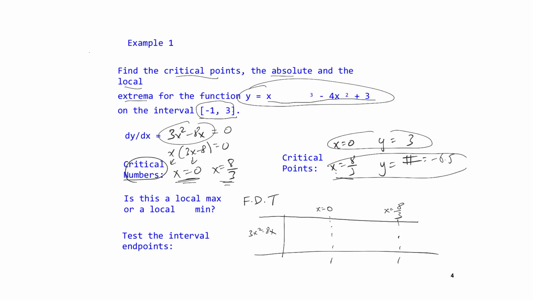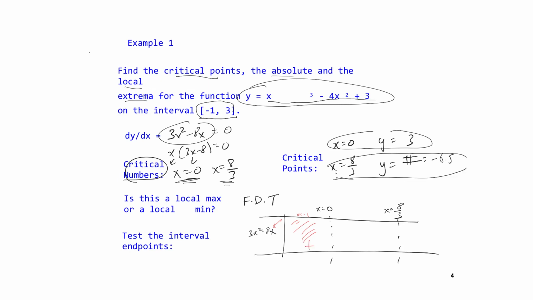And all you have to do is figure out a number that you can put in each interval. So let's find a number that's to the left of 0 and see what the slope is to the left. Let's put in x = -1 over here. When you put x = -1 into the first derivative, you're going to get a positive or negative number, and in our case, we're going to get a positive number.